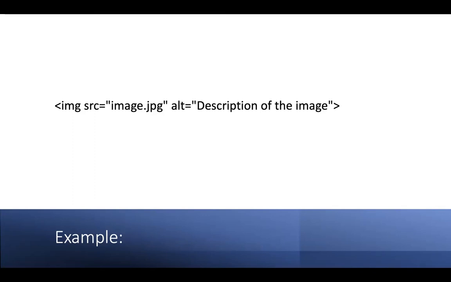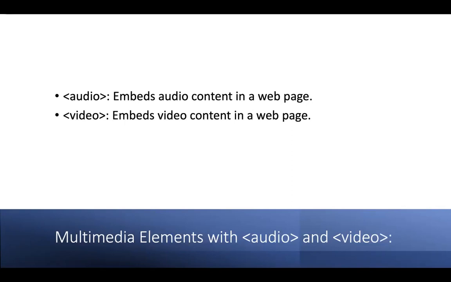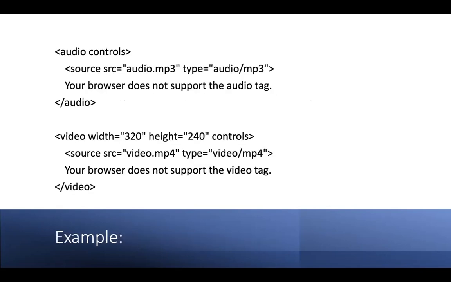Okay. So the next thing here, using audio, we can give the audio content. The video, we can give the video content. So here is an example of how we can give audio and video. When we are giving the audio, we need to give the controls attribute as well. Within that, we need to use the source tag.